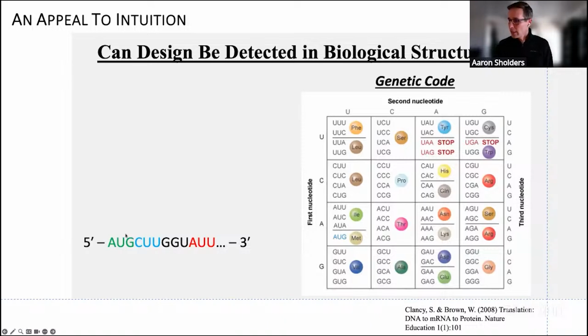So when we look at this, AUG: A, first nucleotide, second nucleotide is U, so it's in this little quadrant here. The last one is G, that encodes a methionine or an M amino acid. CUU: C, first nucleotide, U, second nucleotide, third nucleotide is a U, encodes a leucine.